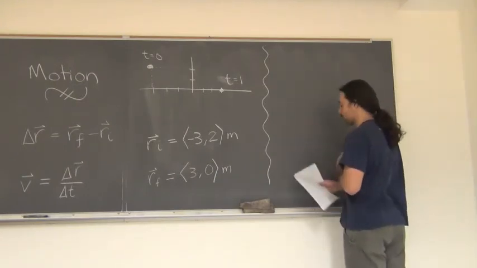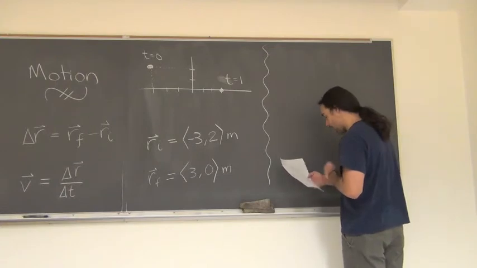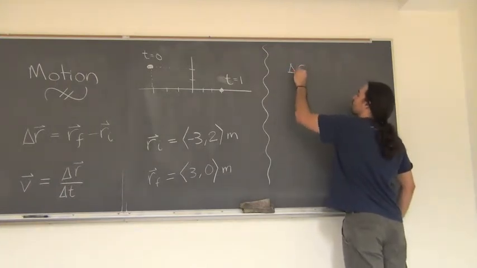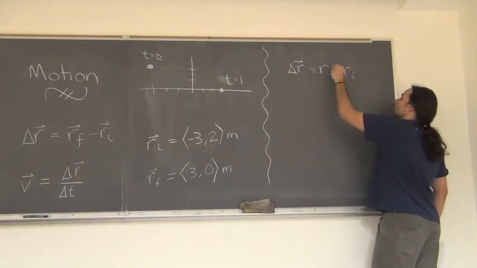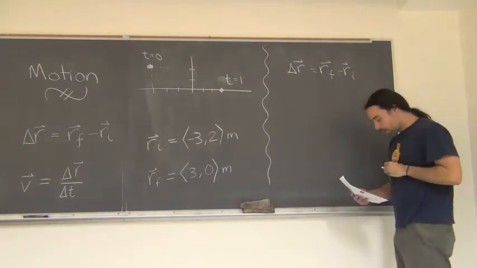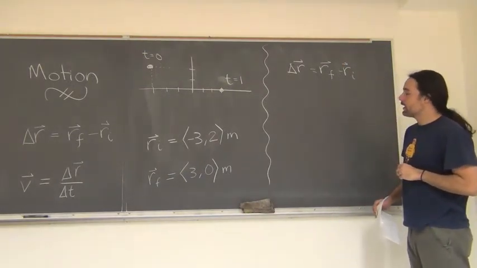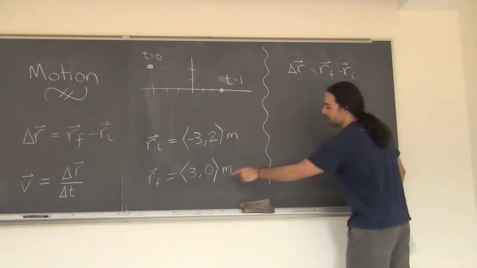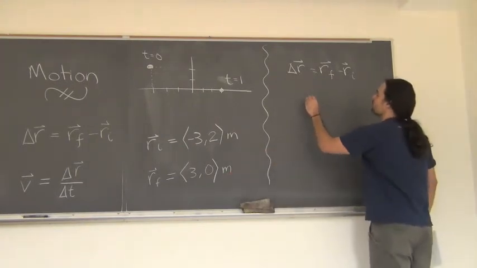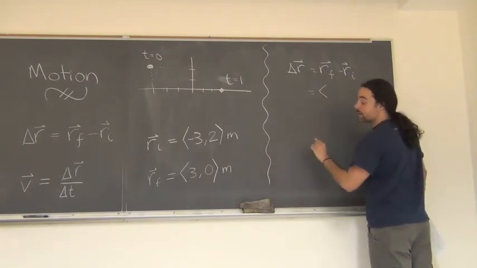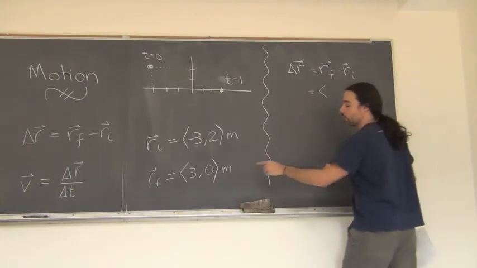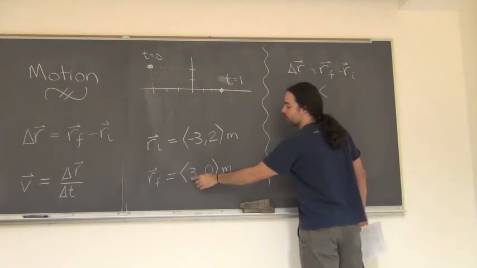So let me compute my displacement first. I'm going to take delta r, which is r final minus r initial. If I just look at my vectors here, what I'm going to do is take r final minus r initial for each component. So for the x components, that would be 3 minus -3.